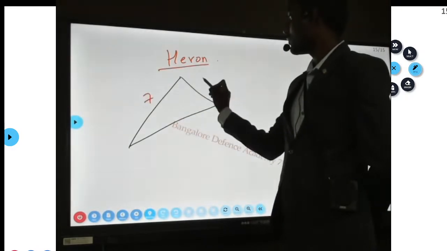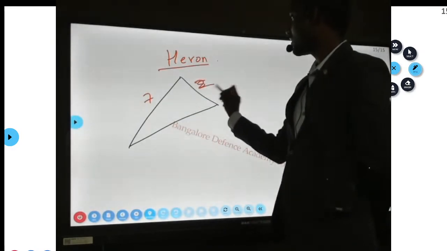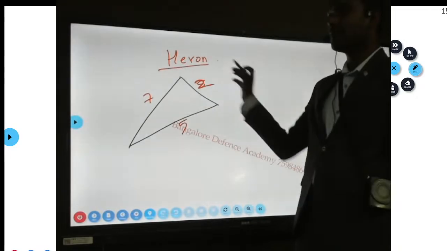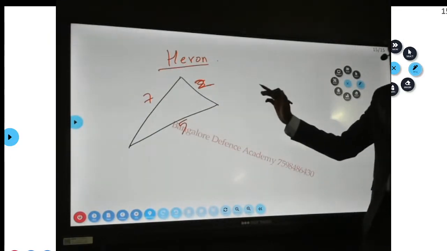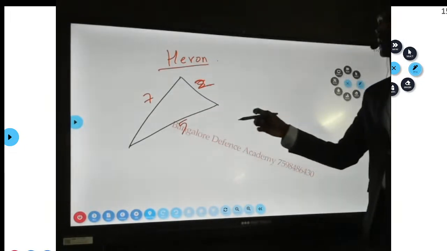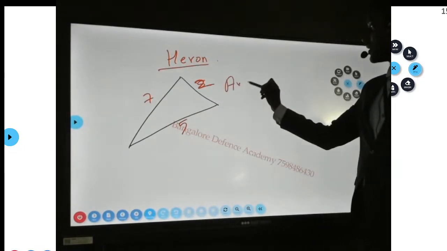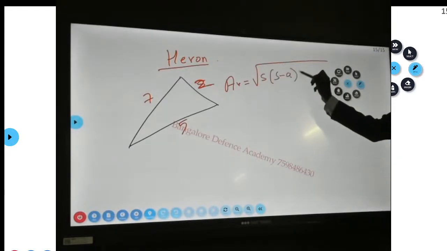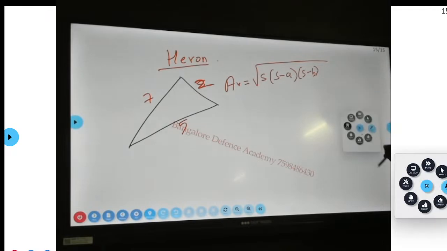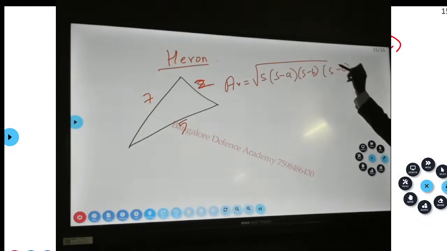Scalene triangle. Suppose this is 2 and this is 5. All sides are different. So when all sides are different, I call it which triangle? Scalene triangle. Okay, not isosceles, scalene triangle. ठीक है? So now, what is the area of scalene triangle formula? Root of S into S minus A, S minus B, and then S minus C.